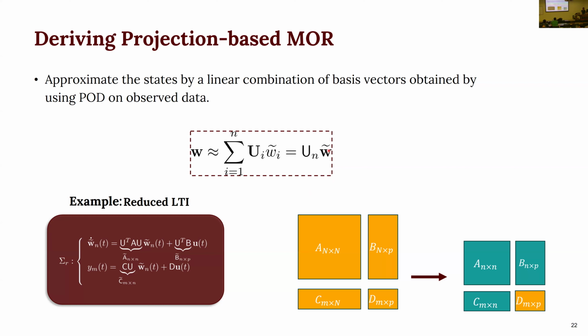That's what we're trying to find. W tilde, so this whole equation is in terms of W tilde, but this is much reduced, only small n dimensional. And once you have solved this, you can use this equation to go back to your full dimensional space.